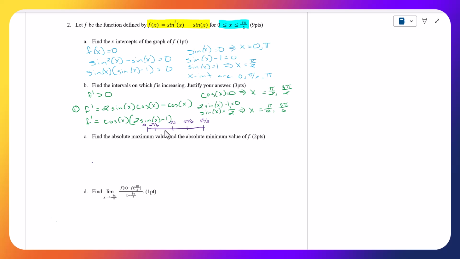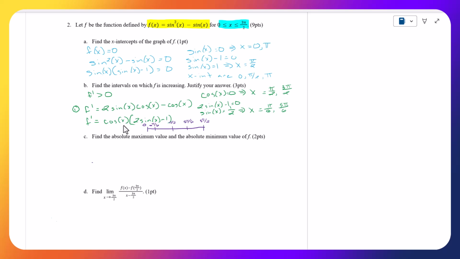So instead, I'm going to choose pi over 3. In either case, it works out the same way. I'll still use pi over 3. I'm sorry, we get 1/2 for cosine.